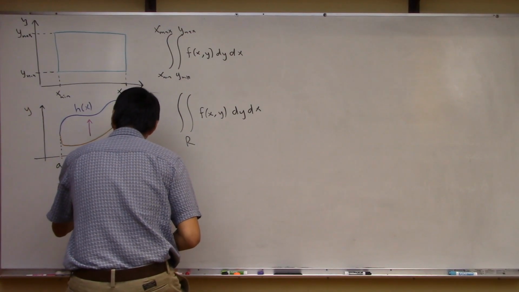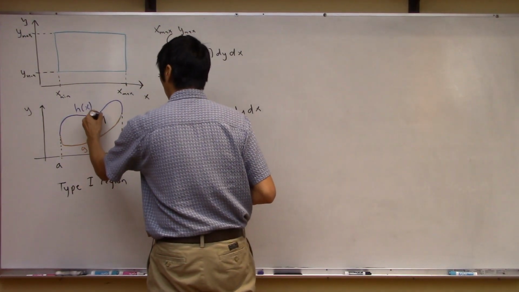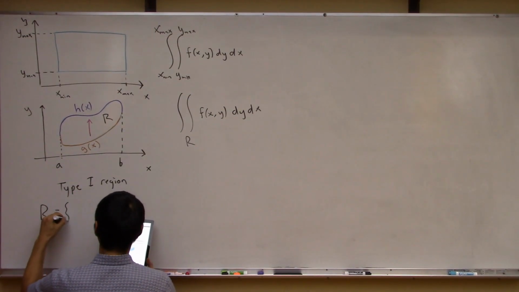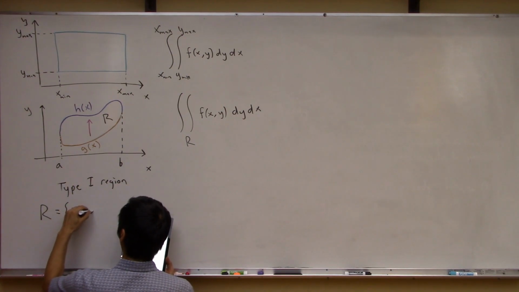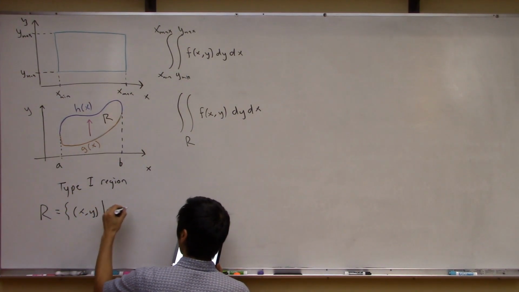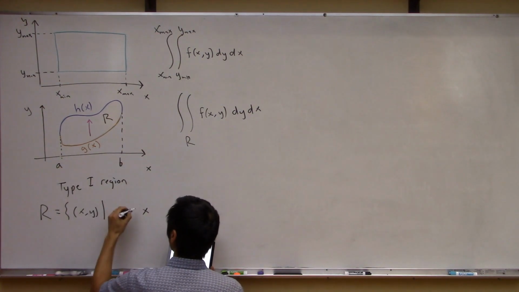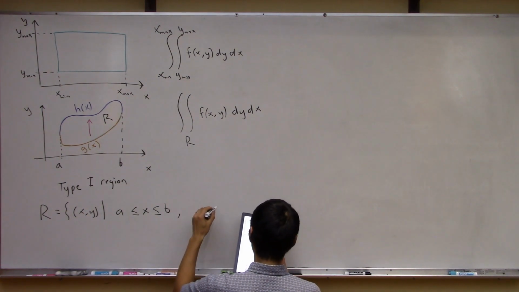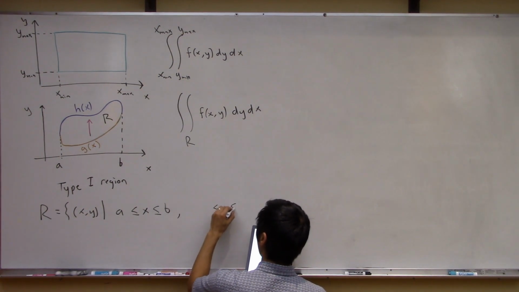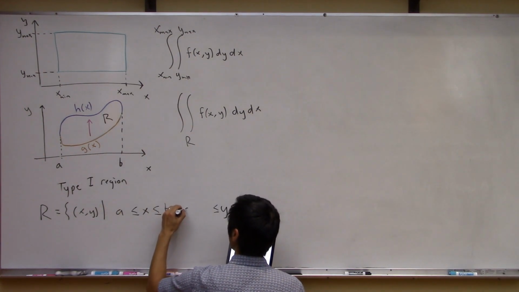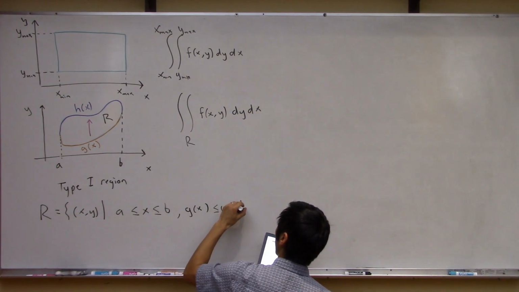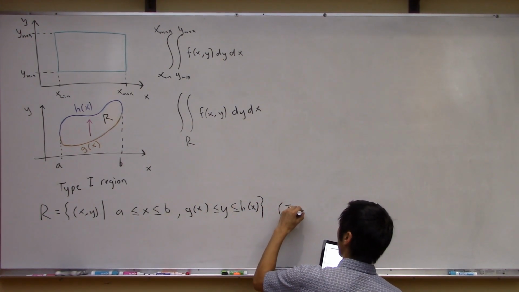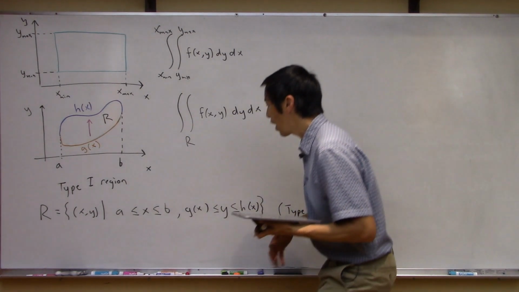And it's a situation where we can describe this region R, which is what I'm interested in, as basically all of the x and y locations such that x runs between a and b, and then all of the y values run between functions. So y is between g of x and h of x. This is referred to as a type 1 region because you can describe it this way.